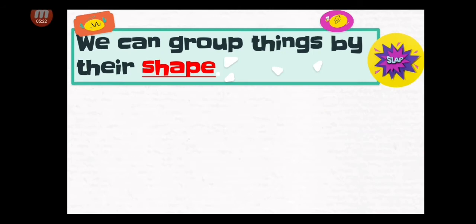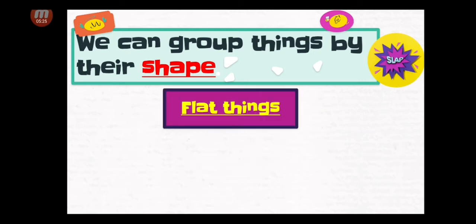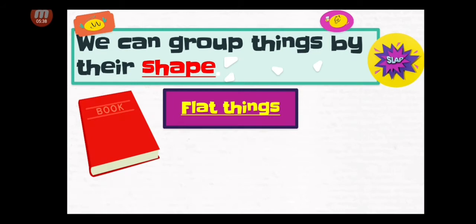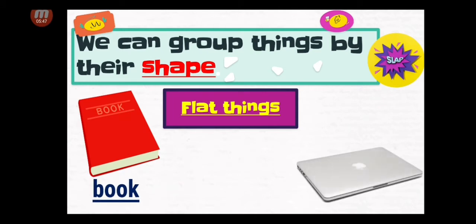Now let's talk about flat things. Is there anything that is flat, teacher? Yes, we have. So what are those? First is a book. Yes. A book is an example of a thing that is flat. And another one here, do you know what it is?